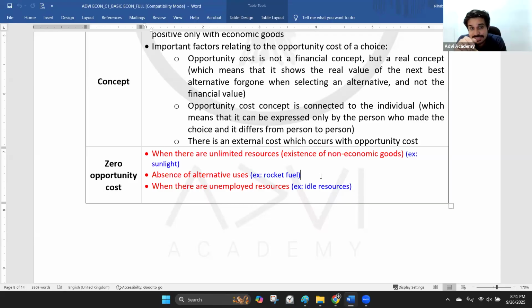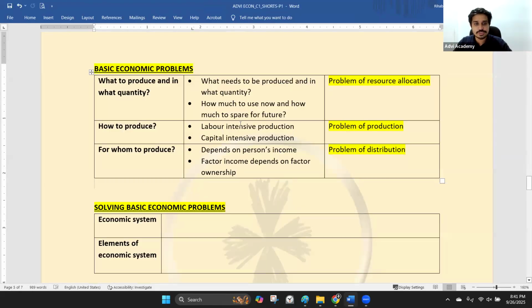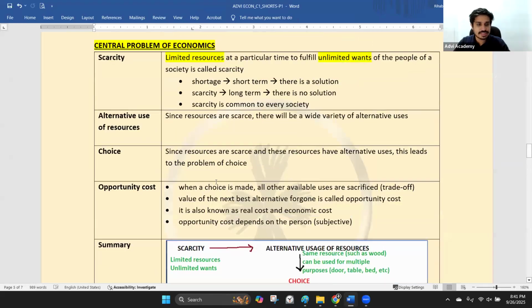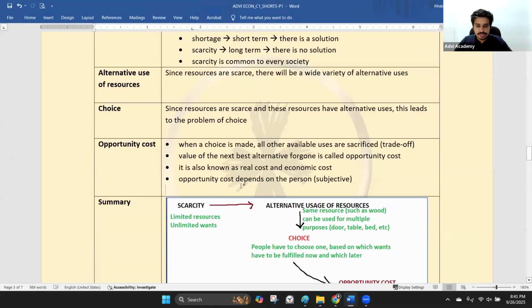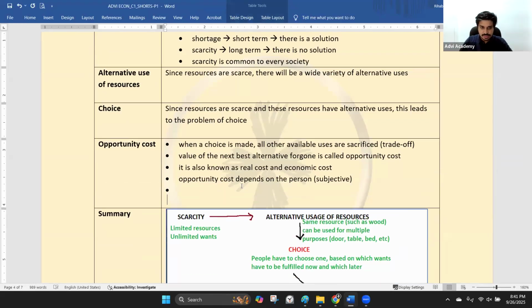Remember this point for PPC. In the next section, we have PPC. Remember that for PPC, when it comes to unemployed resources, you can't calculate opportunity cost. So those are the three areas where zero opportunity cost is there. Zero opportunity costs occurs in three different instances.